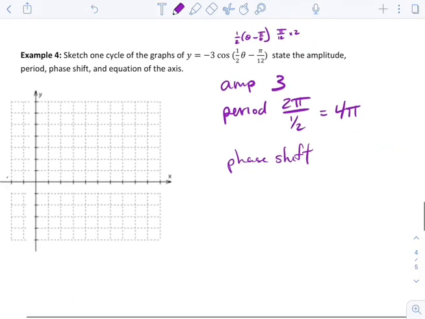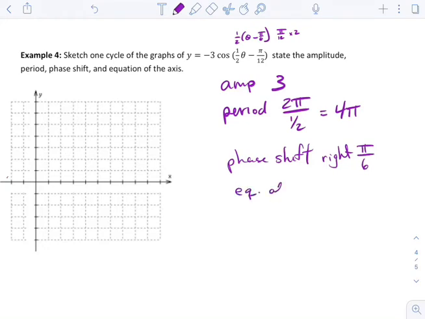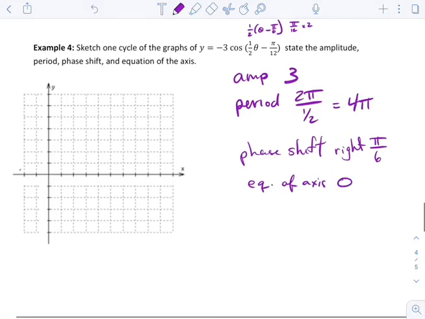So I have a phase shift of pi over 6. And as we continue along, the last one we have is the equation of the axis. The equation of the axis in this case is the value at the end, in this case 0, because there is no c value.